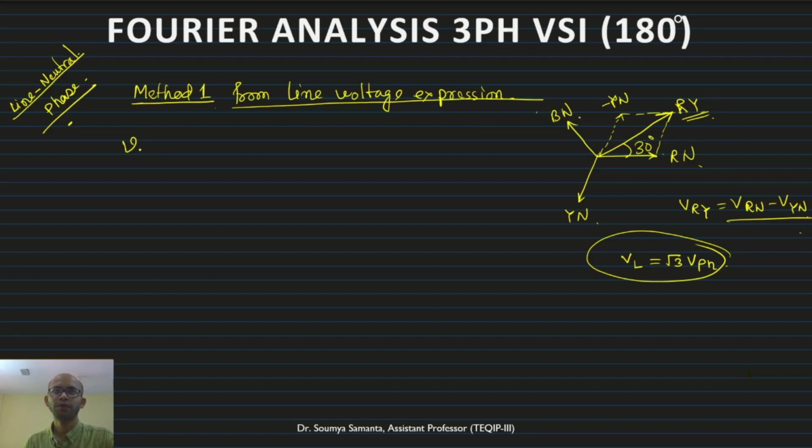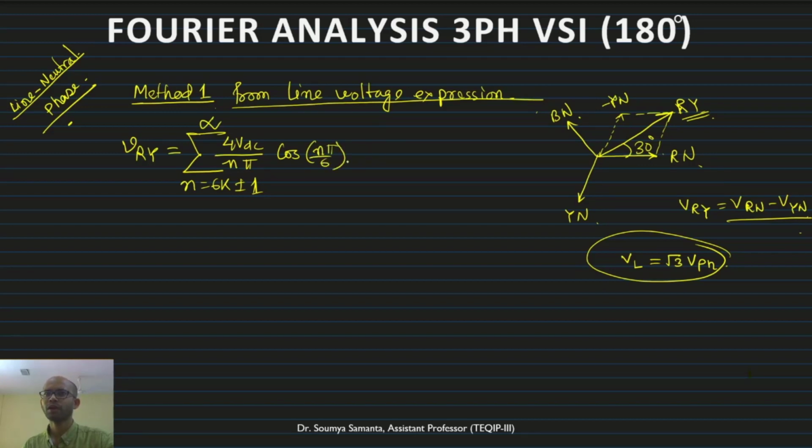So what is the line voltage expression? That is Vry, what I have found out: sum over n equals 6k plus minus 1 to infinity of 4 Vdc by n pi cosine of n pi by 6, sine of n omega t plus pi by 6.